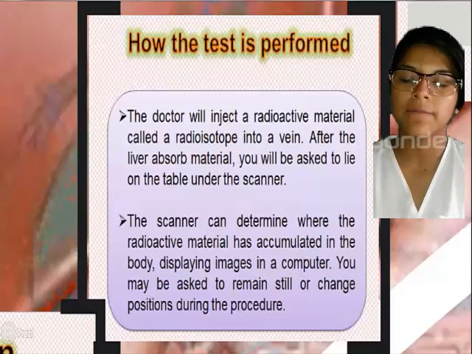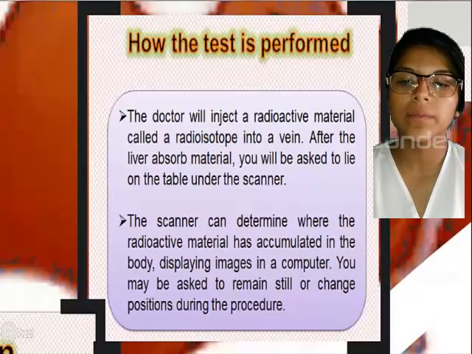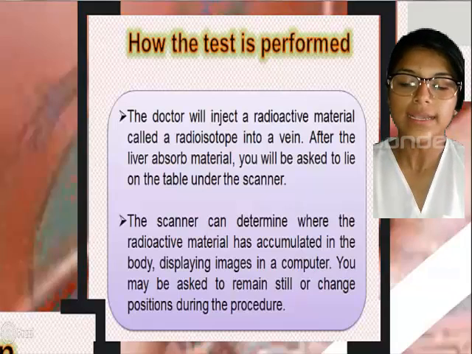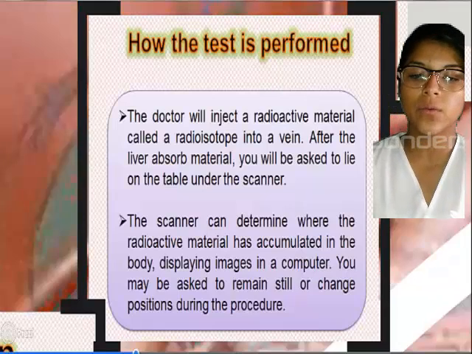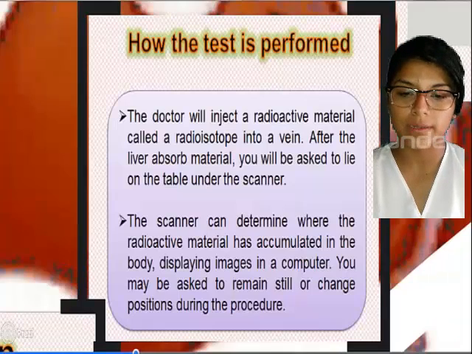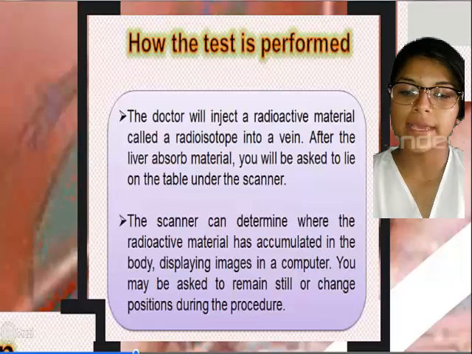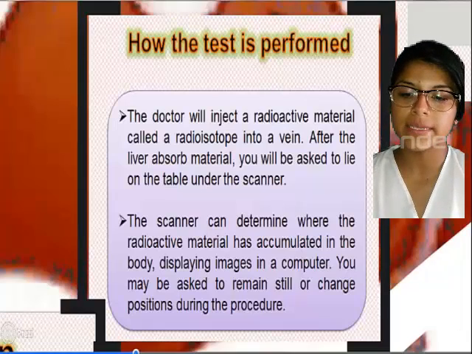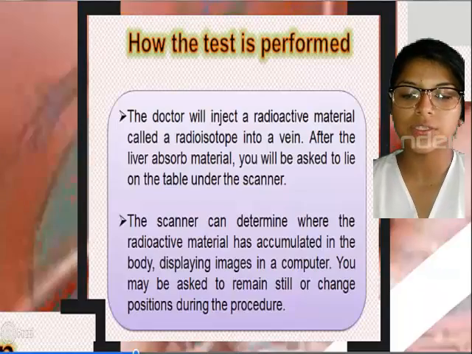After the liver absorbs the material, you will be asked to lie on the table under a scanner. The scanner can determine where the radioactive material has accumulated in the body, displaying the image on a computer. You may be asked to remain still or change positions during the procedure.